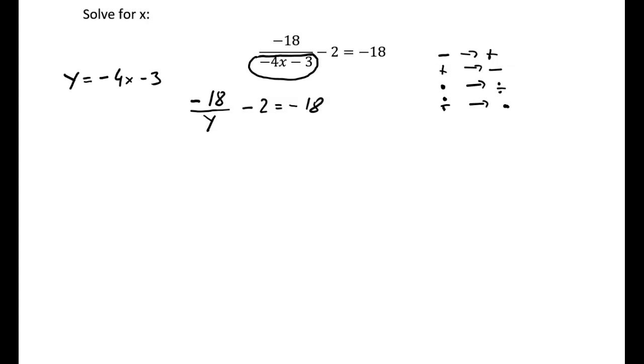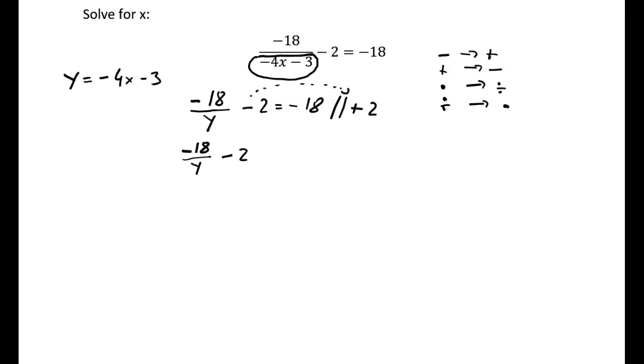Now we can bring this negative 2 to the other side, and we take the inverse mathematical operation on both sides. So we've got negative 18 over y minus 2, and the inverse of negative is plus 2.